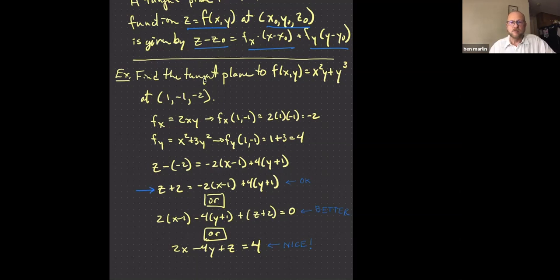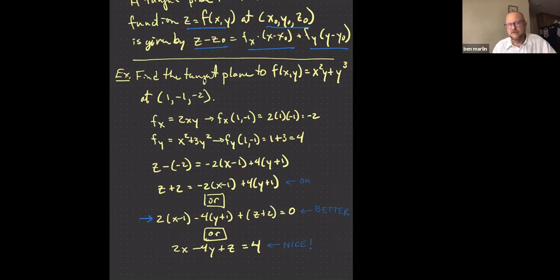And that's okay for a solution. It is following the exact format of what you're asked to do, but it's a little bit clunky. A little bit better than that would be if you transferred all of your x and y stuff over to the left-hand side, and you have 2 times the quantity x minus 1 minus 4 times the quantity y plus 1. And if you'd like, you could think of it as plus 1 times z plus 2, okay? That's a little bit better.